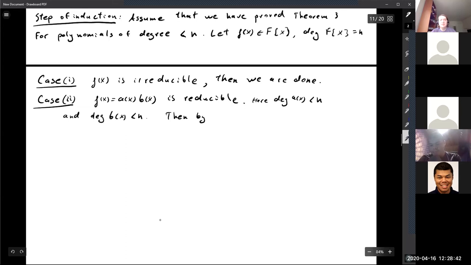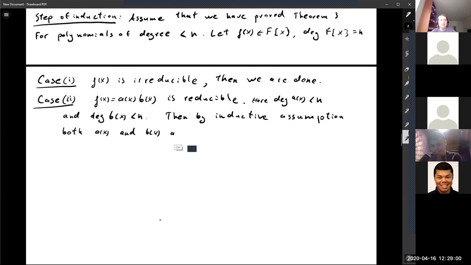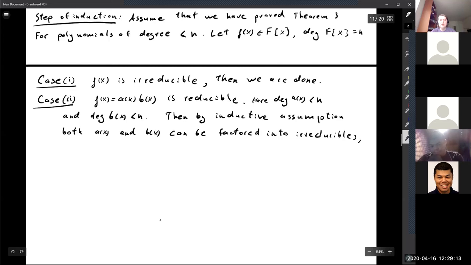Then by inductive assumption, both a of x and b of x can be factored into irreducibles. Then so is f of x.